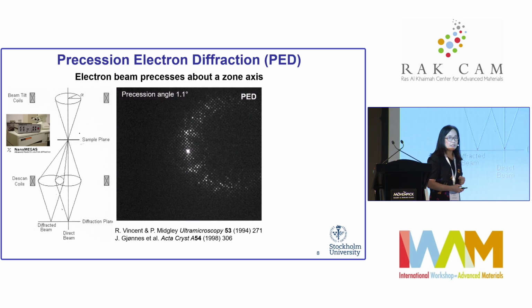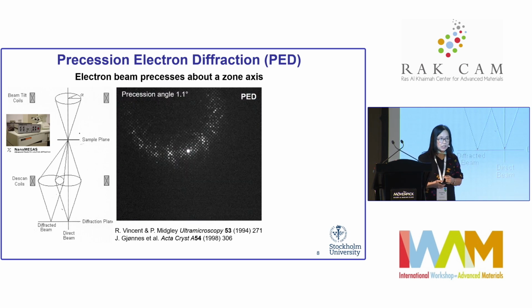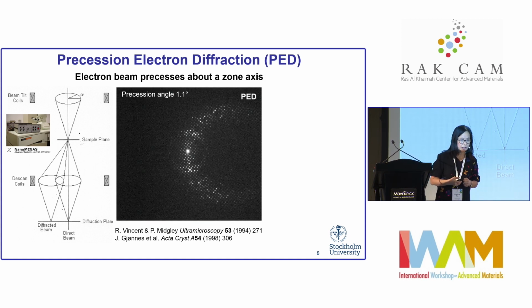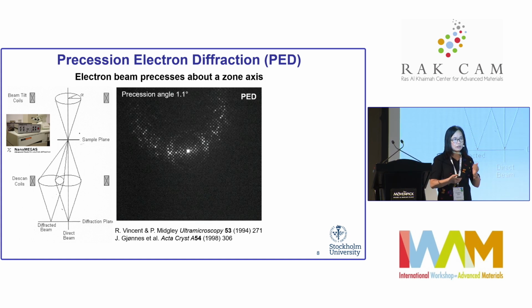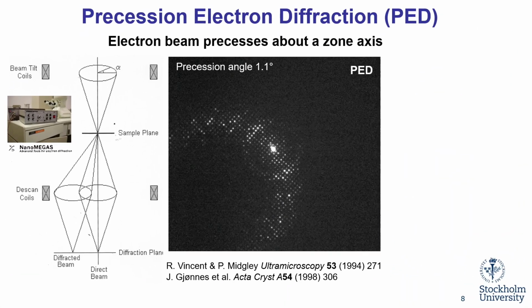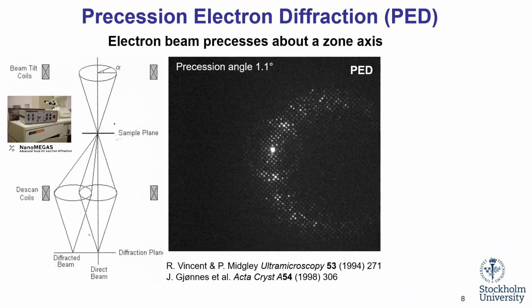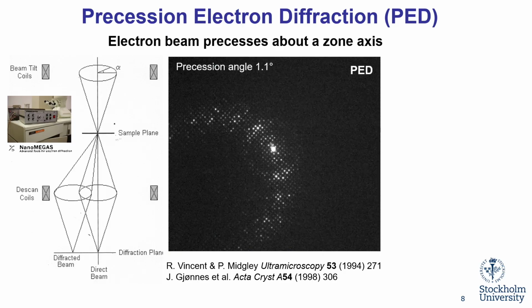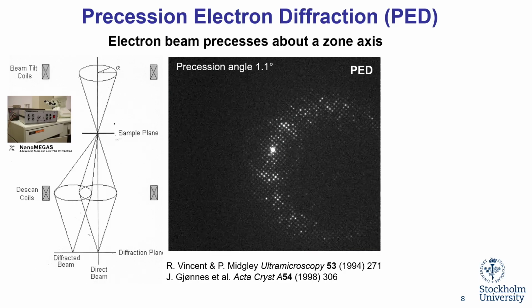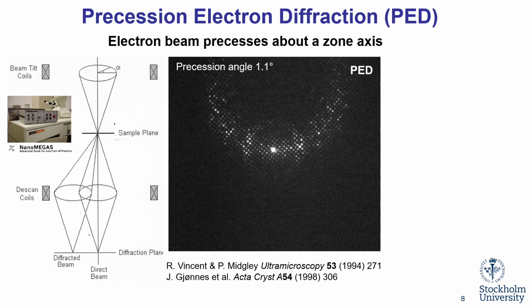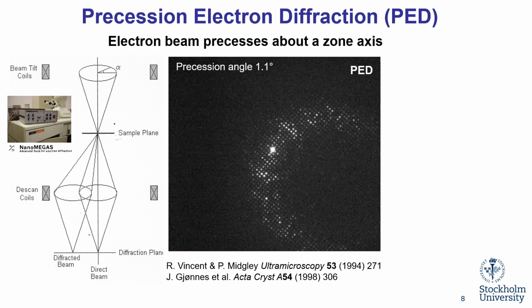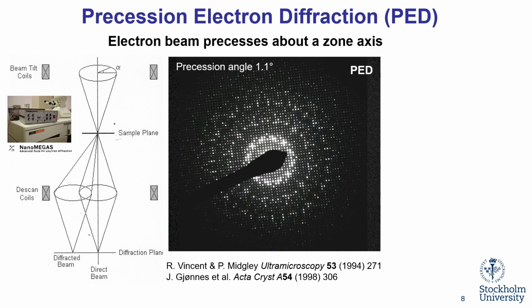Until 1994, when Roger Vincent and Paul Midgley discovered precession electron diffraction. Instead of taking diffraction patterns along the zone axis, you tilt the electron beam. So this is the diffraction pattern you will see here, off the zone axis. But if you combine them together, this will be precession electron diffraction.